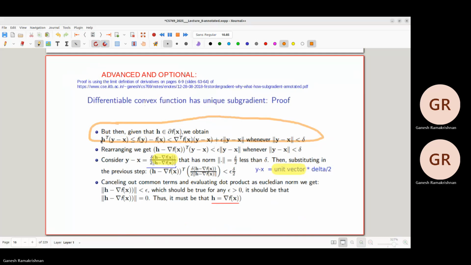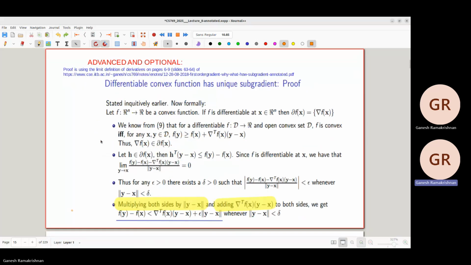We know the first order property of convexity, and we are given that the function is differentiable.